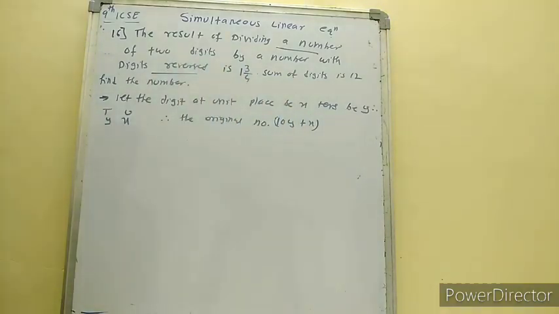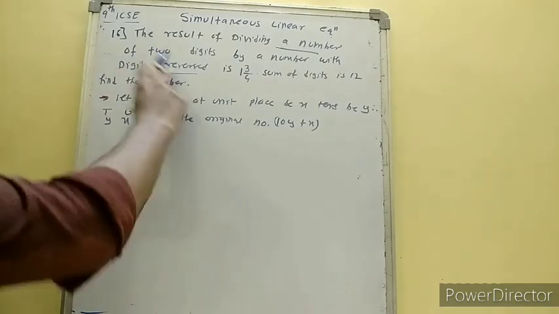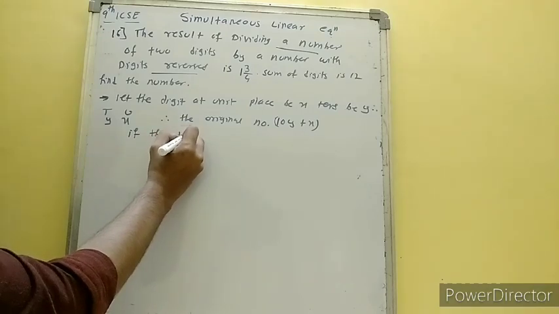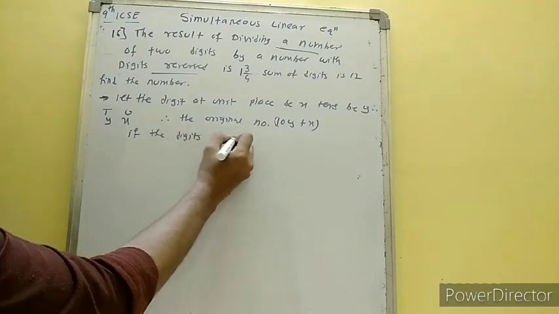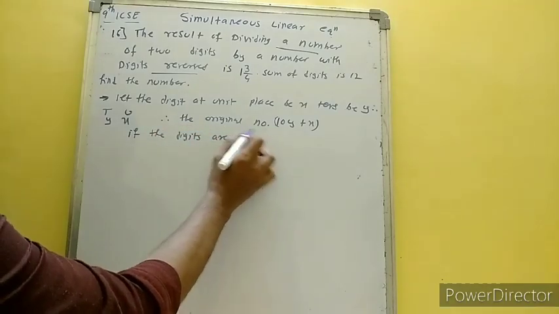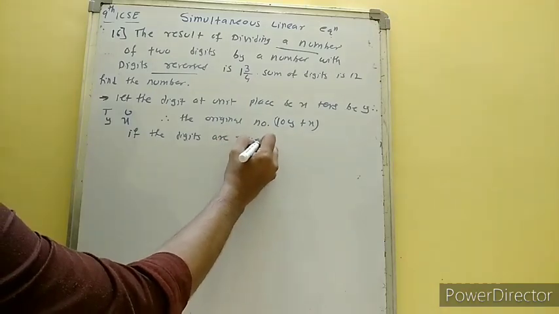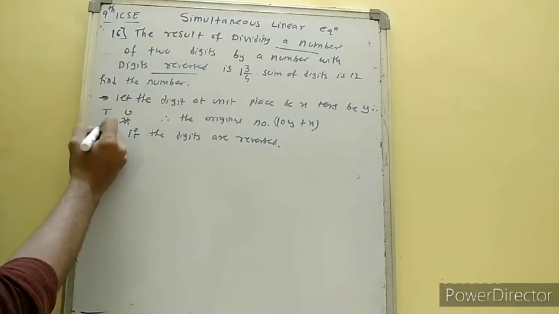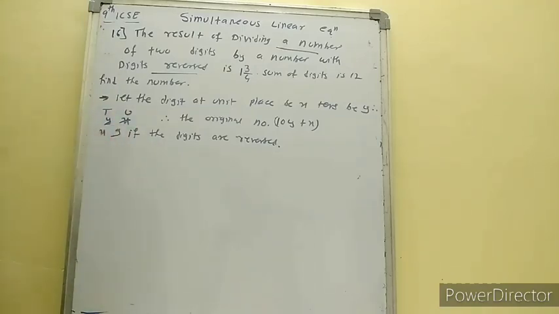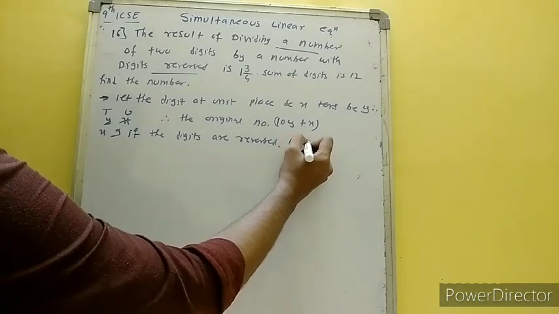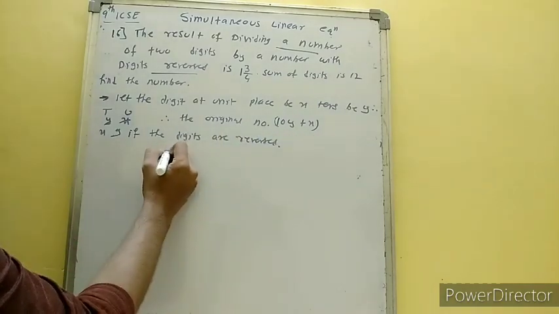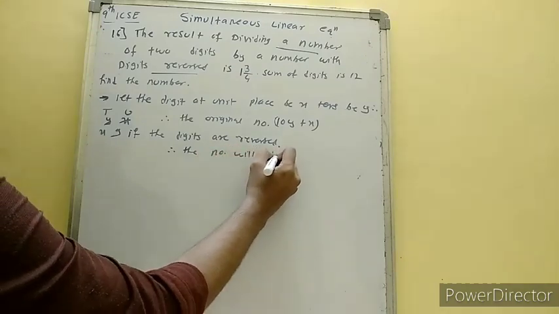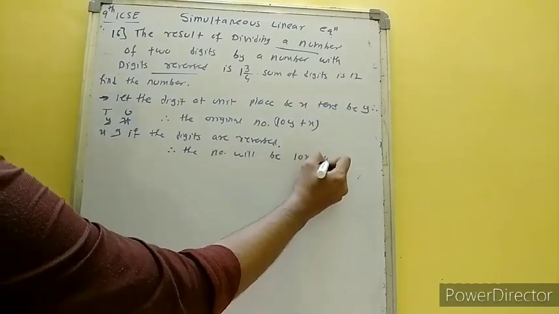And we are also asked to reverse the digits. If the digits are reversed, this will come here and this will come here, so we will have 10x plus y. Digits are reversed, therefore the number will be 10x plus y.